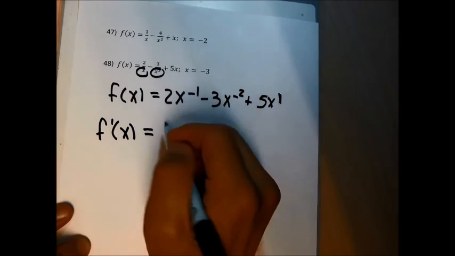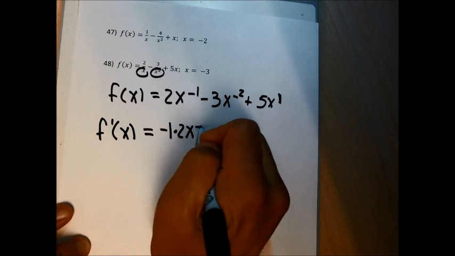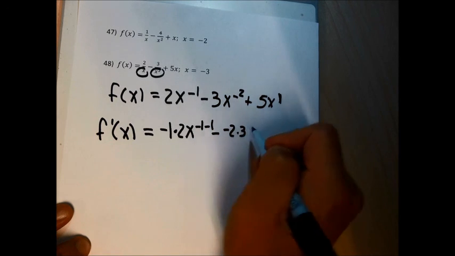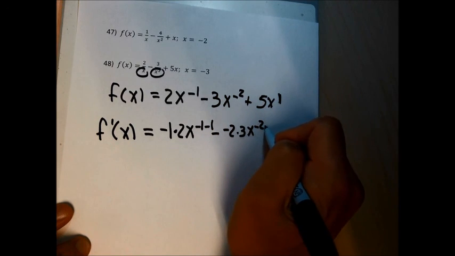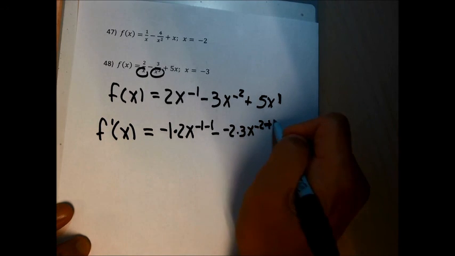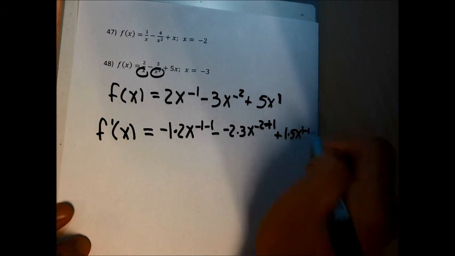And so the derivative is going to be negative 1 times 2x to the negative 1 minus 1, minus negative 2 times 3x to the negative 2 times 1 minus 1, plus 1 times 5x to the 1 minus 1.